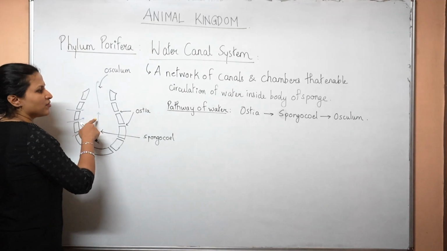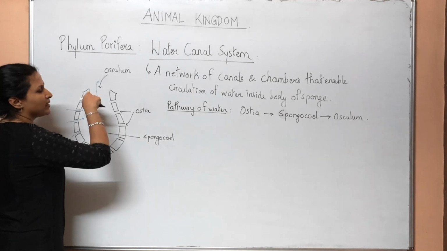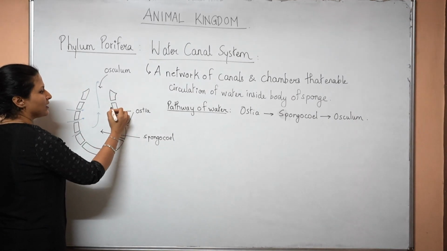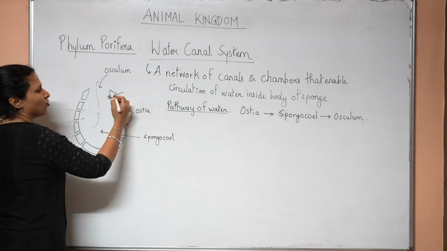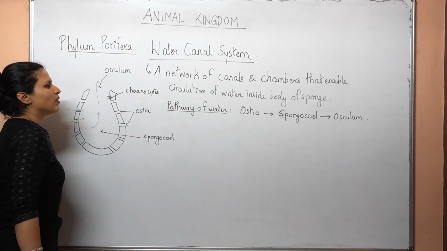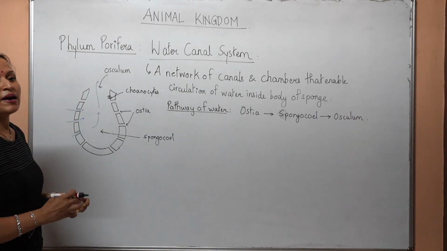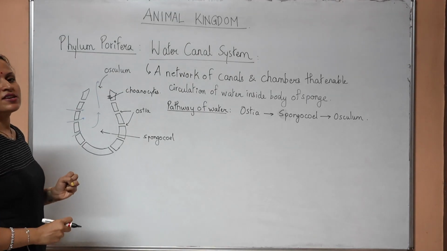So what is the purpose of this type of entry of water into the spongocoel and then exit through the osculum? You know that the choanocytes are lined throughout the spongocoel, isn't it? So what happens is, with the entry of water, the choanocytes are able to trap food particles that the water brings along with it. These choanocytes are filter feeders.